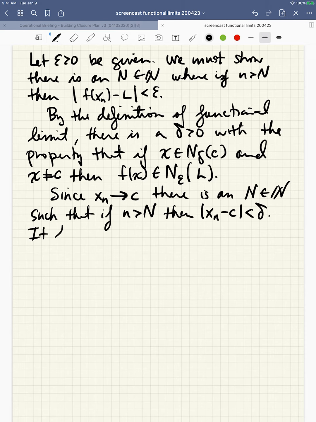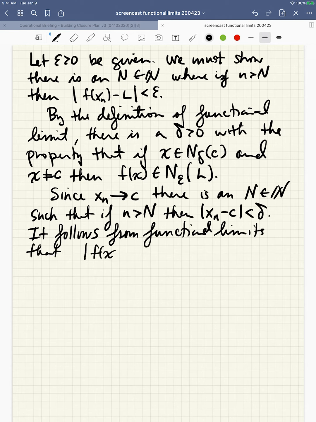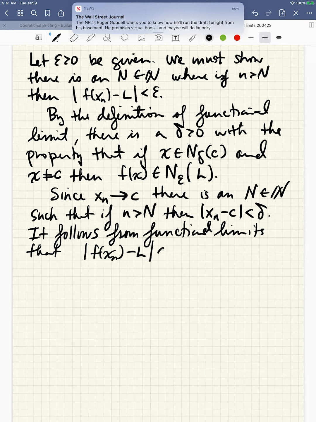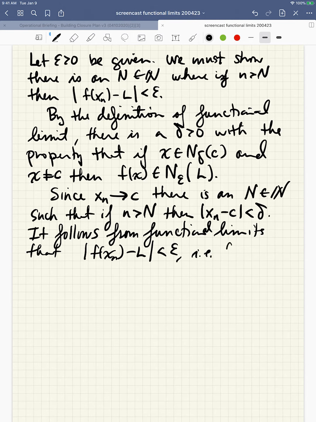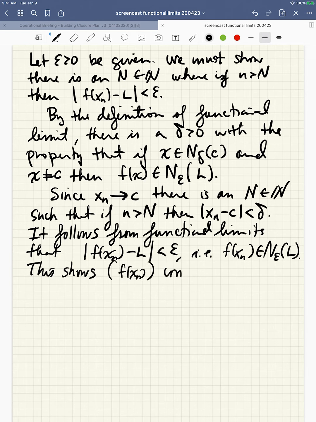So it follows from functional limits that the absolute value of f(xn) minus L is less than epsilon, that is, f(xn) is in the epsilon neighborhood of L. This shows the sequence of function values converges to L, which is what we wanted to show, that statement 1 implies statement 2.